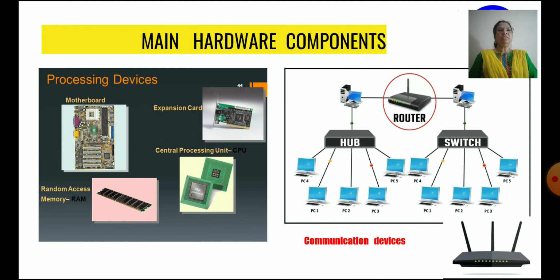Now, communication devices. For example, you want to connect your computer to the internet to view a web page. Then you need communication devices, maybe Wi-Fi, hub, router, switch. These are all hardware parts.